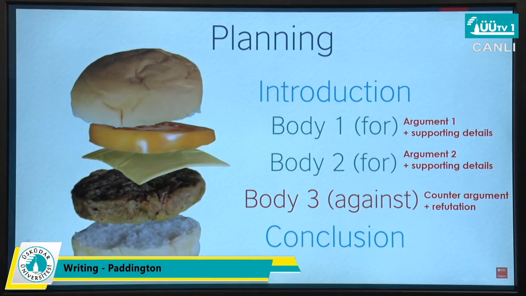In the first 2 body paragraphs, you have to present 2 arguments, your own opinion with supporting details, and there will always be an against argument, a counter argument, we call it, in body paragraph 3, plus refutation. So let's start from the beginning.